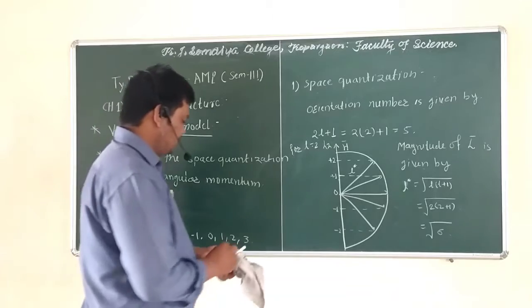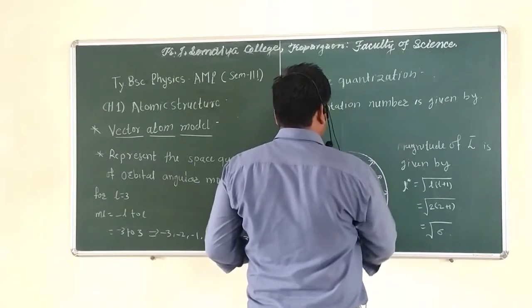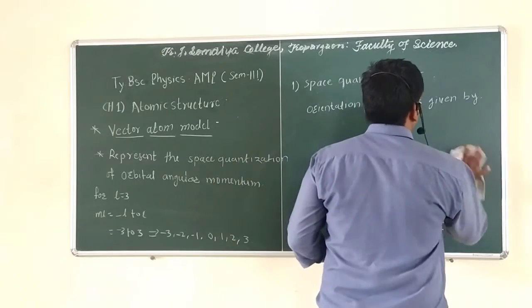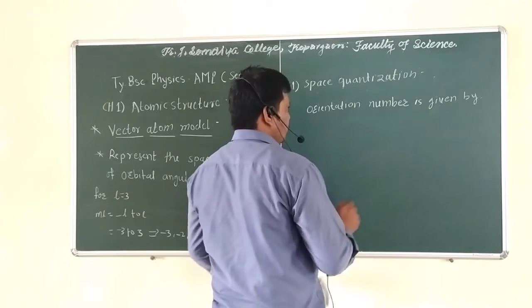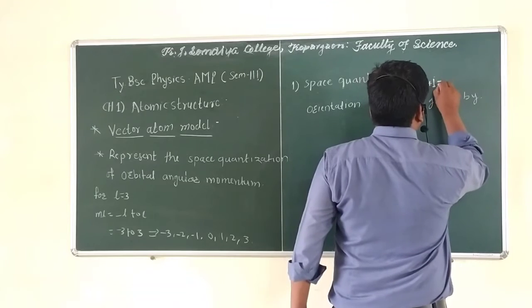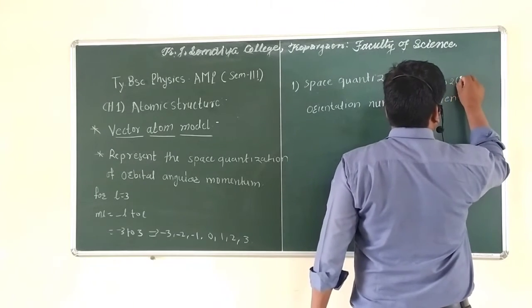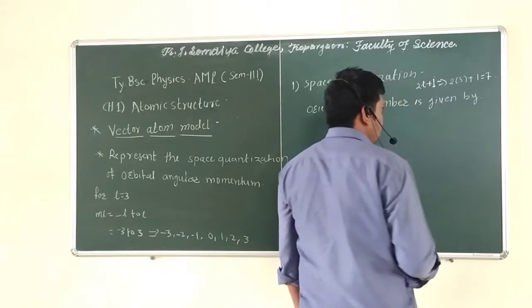So there are a total of 7 ml values. The orientation number is given by 2L plus 1, where L is 3, so 2 into 3 plus 1, a total of 7.